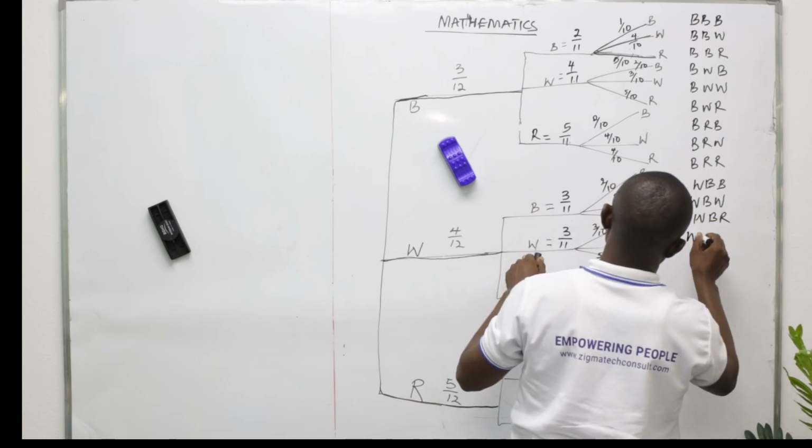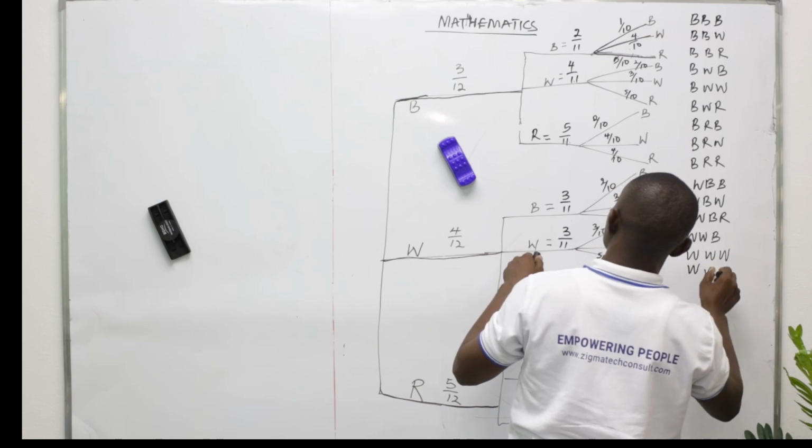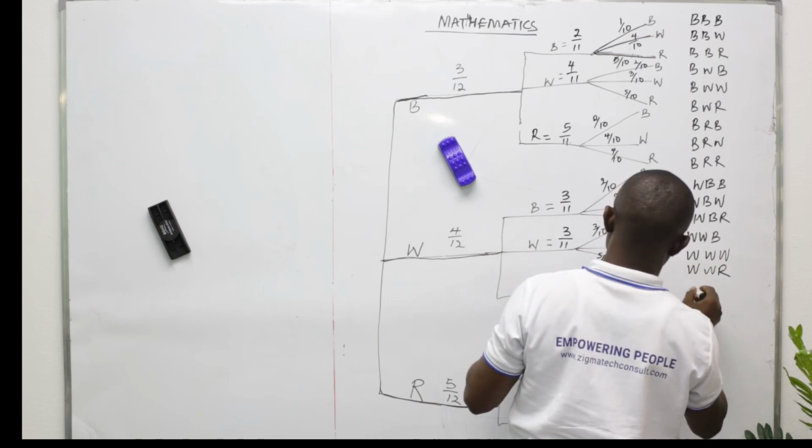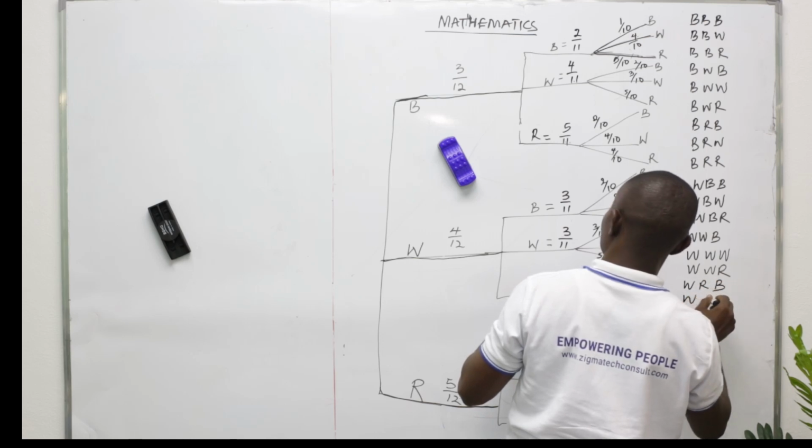Here, white, white, black, white, white, white, white, white, red. Here now, white, red, black, white, red, white, white, red, red.